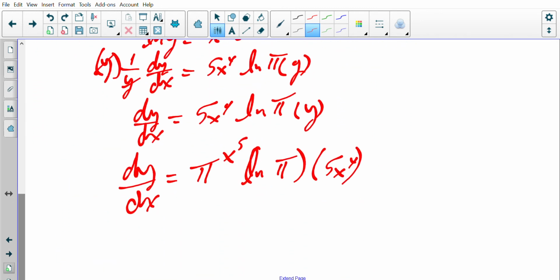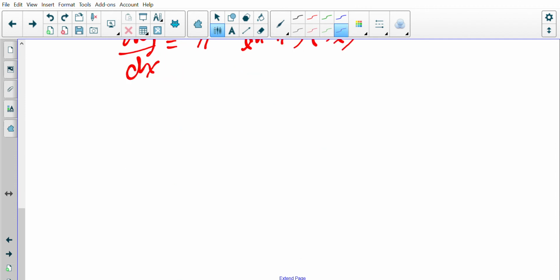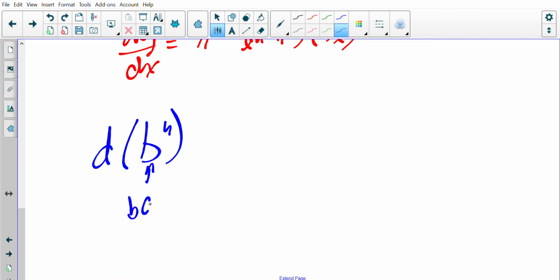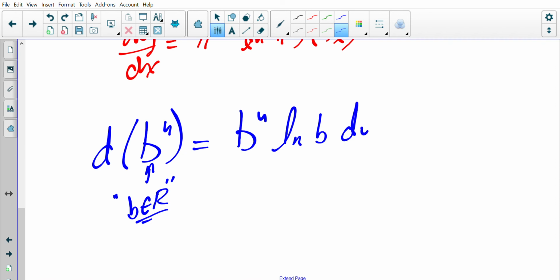So generically speaking, if you don't see the pattern, here's a way to avoid all of those steps and go right to your answer. The derivative of any base to an exponent, now this is when the base is a number, okay, that's important, is b to the u multiplied by the natural log of your base multiplied by the derivative of your exponent.